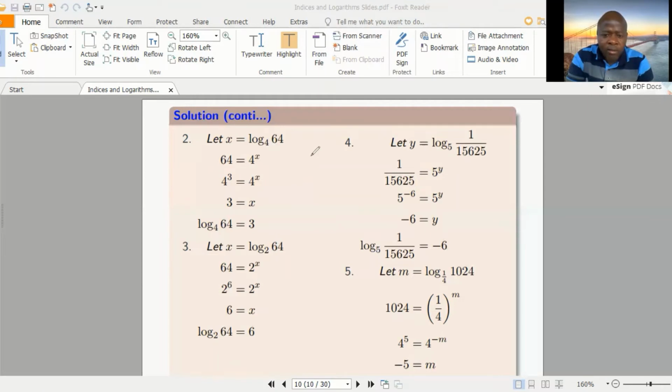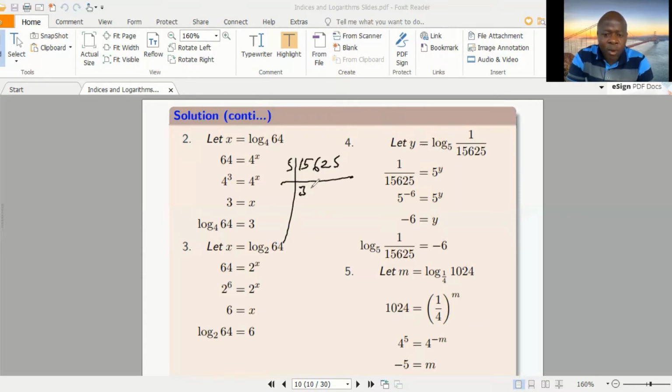It is 15,625. And I want to see how many times 5 would go there. 5 into 15 is 3.